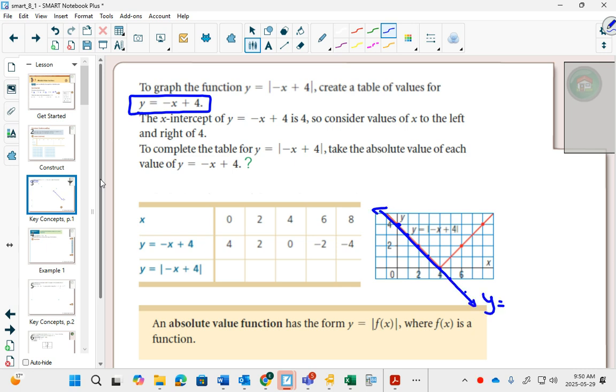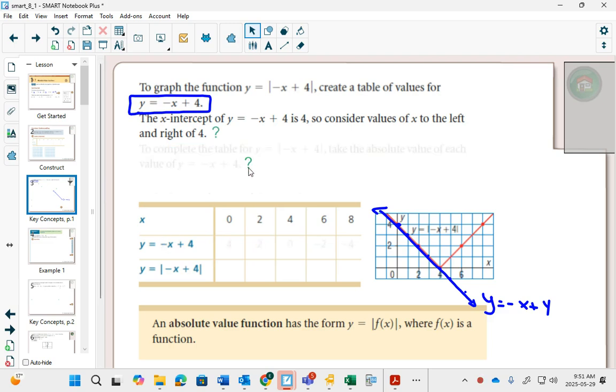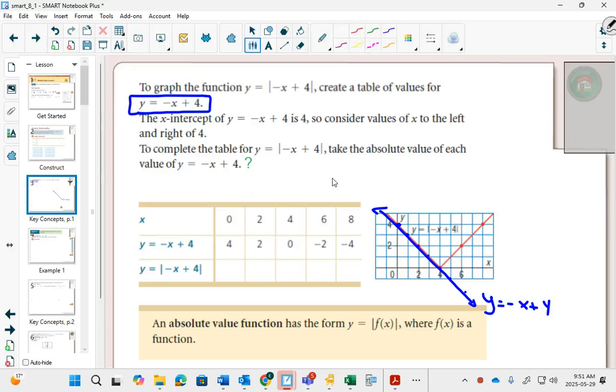And if I drew that, right beside this, here I have the graph of negative x plus 4. If we plugged in the values, when I put absolute values, this would stay 4, this would stay 2, this would stay 0, but this would become 2, and this would become 4.